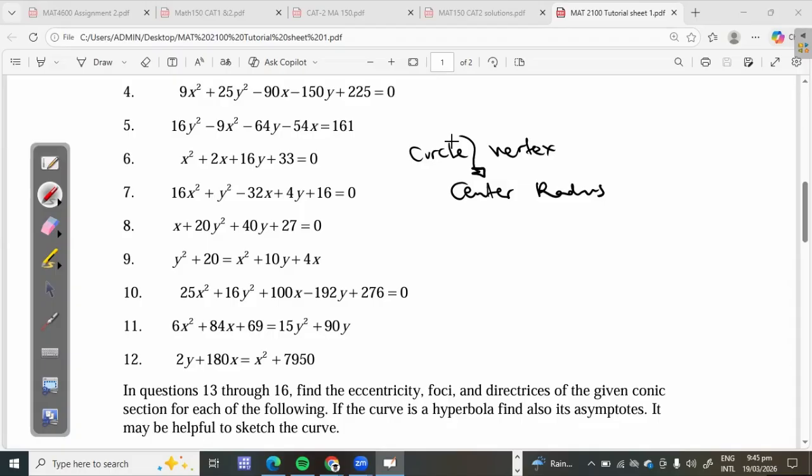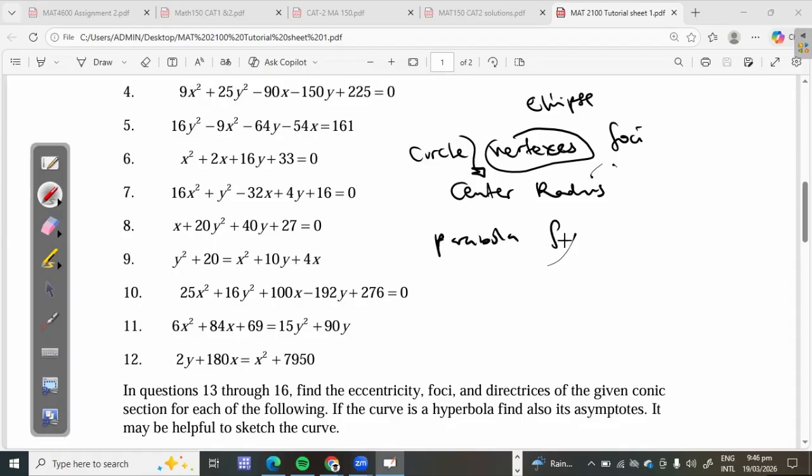And then if it's an ellipse, you have to find the vertices, the foci, because there are two, and then you find also the center. And if it's a parabola, it only has one focus, so you find the focus and the vertex.